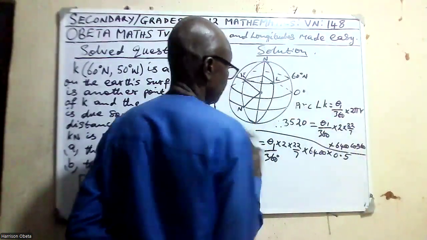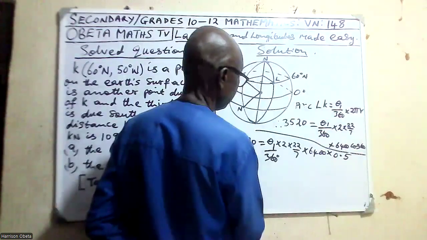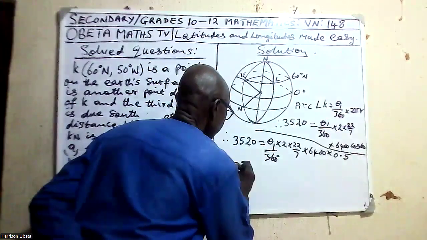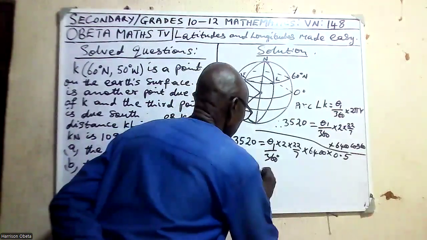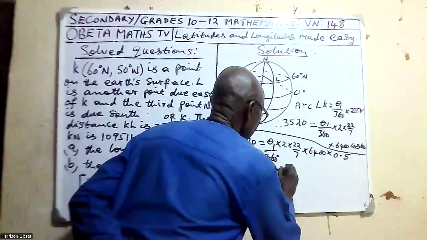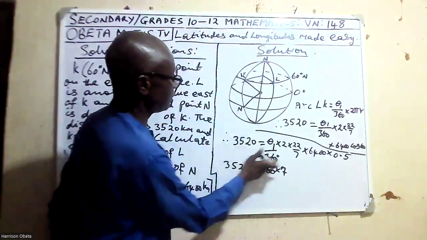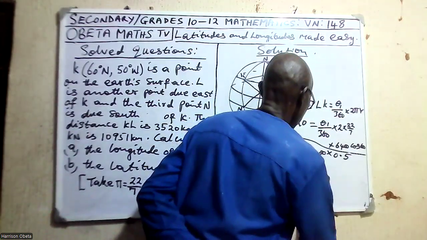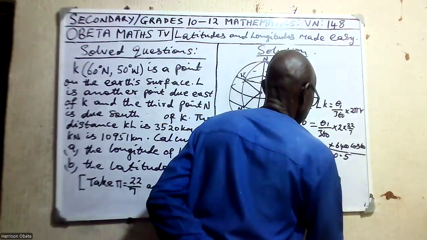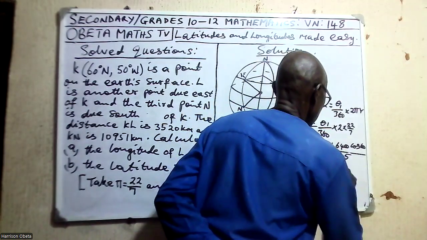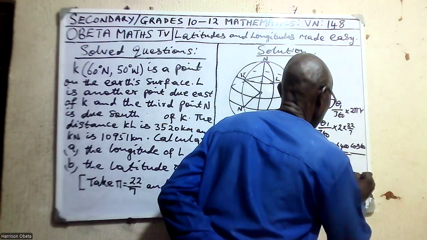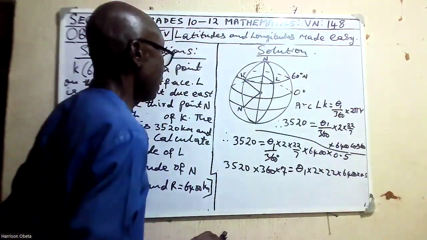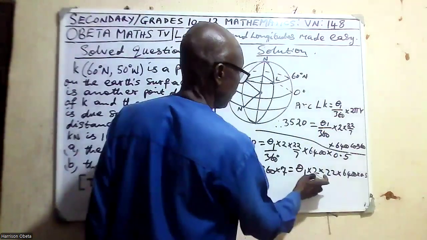Then we multiply and equate. That will be 3520 multiplied by 360 multiplied by 7 equal to theta 1 multiplied by 2 multiplied by 22 multiplied by 6400 multiplied by 0.5. To find theta 1, we divide by the rest.